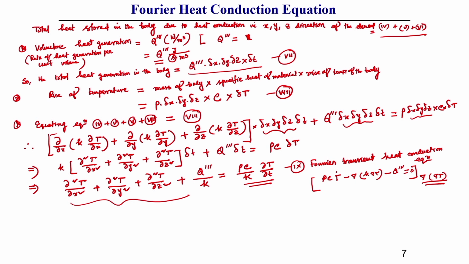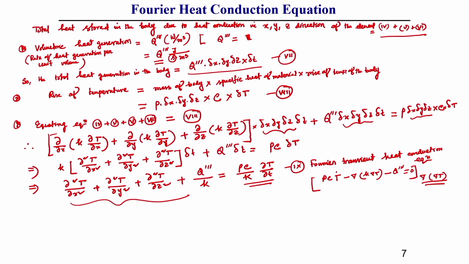Now, this equation generally we use as a governing equation for any type of heat conduction or heat transfer analysis. What are the main or important things you are getting from here, I am just explaining a little bit, then it will be clearer to you.